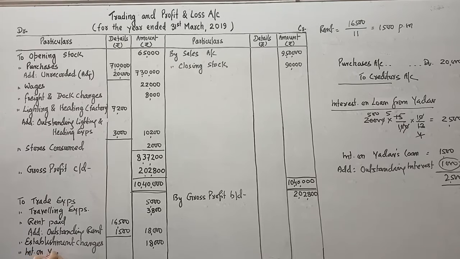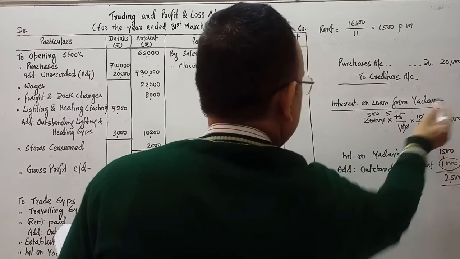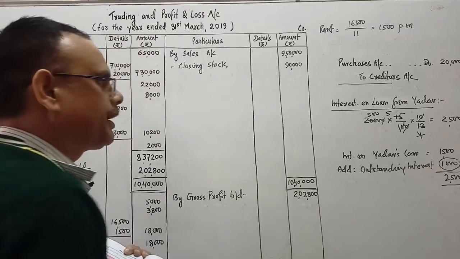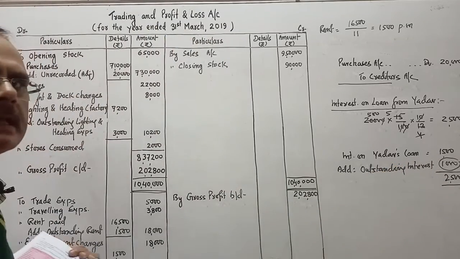Thereafter you see interest on Yadav's loan. Interest on Yadav's loan is given as 1,500. We have already done the calculation related to interest on Yadav's loan. As per our calculation it is 2,500 and only 1,500 is given inside the trial balance.